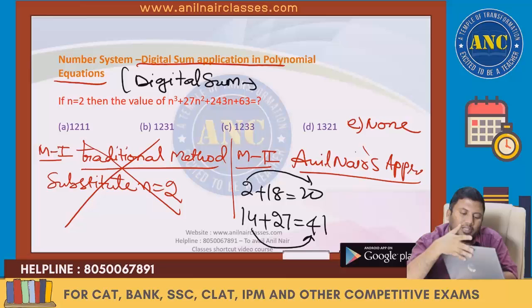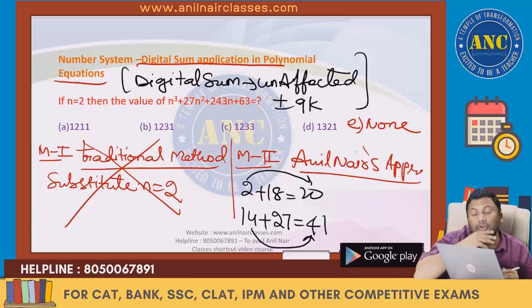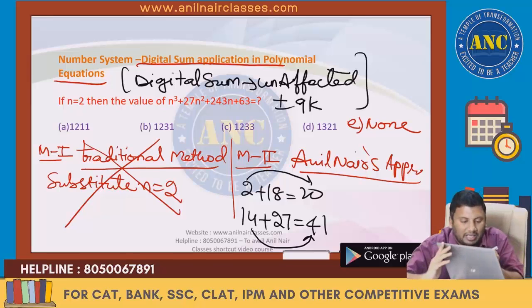Digital sum is unaffected. If I add plus or minus 9k to any number, the digital sum will be unaffected.